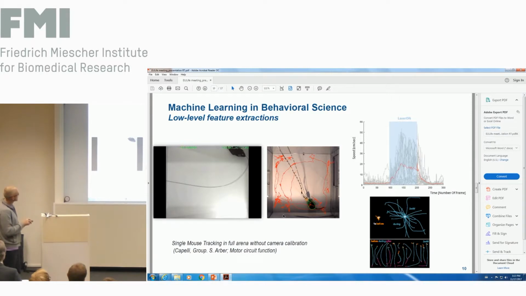Here the mouse is cabled, so we gather all the information about the speed at different timestamps. By summing up the values of the different experiments, we can see an overactivity of the motor circuits during the laser on.